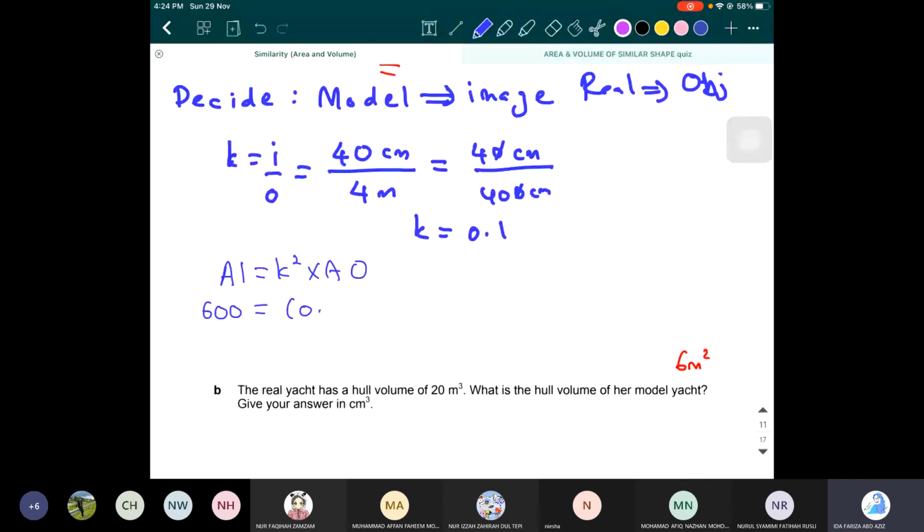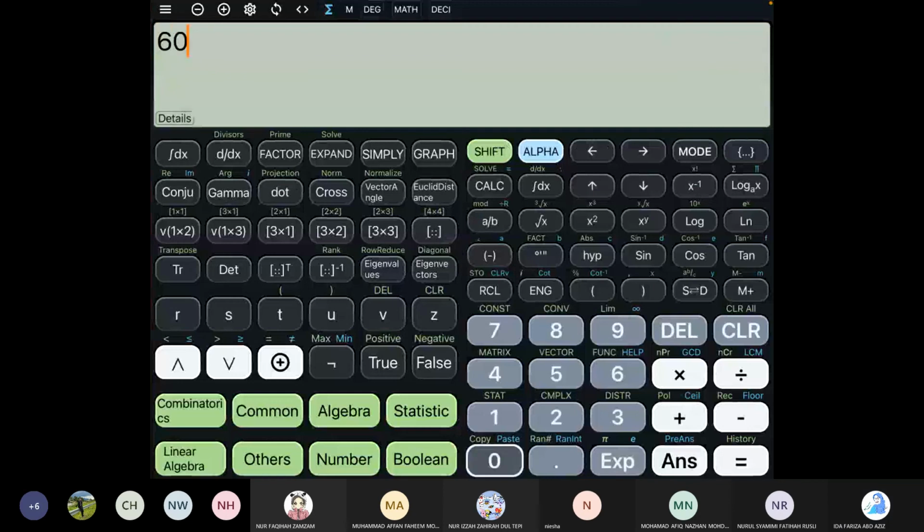K square 0.1 square times AO. So you cari AO 600 divides 0.1 square. Okay, korang kira lah. Class, can you calculate this? 600 divided 0.1 square. Berapa dapat?